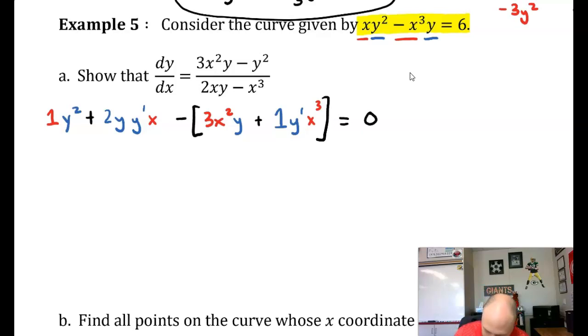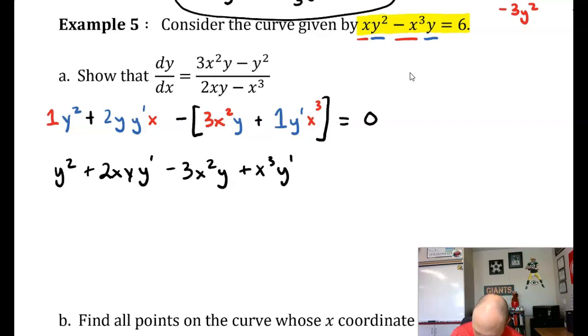So let me clean this up. We get y squared plus 2xy y prime minus 3x squared y plus x cubed y prime is equal to 0.